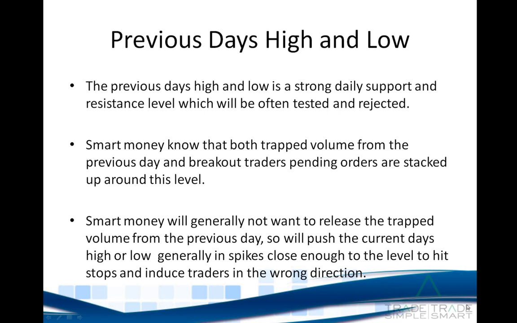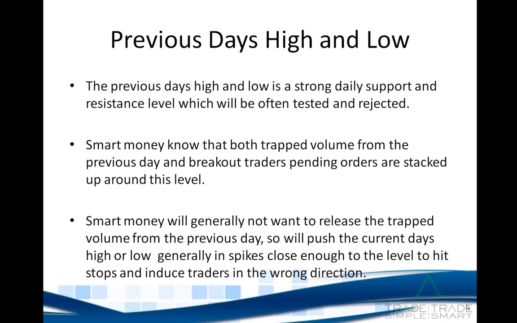Okay, so the previous day high and low is a strong daily support and resistance level which will be often tested and rejected. Smart money know that both trap volume from the previous day and breakout traders' pending orders are stacked up around this level. So the previous day's high and low act the exact same way as horizontal support and resistance levels.